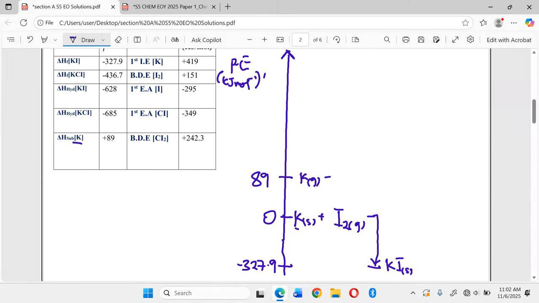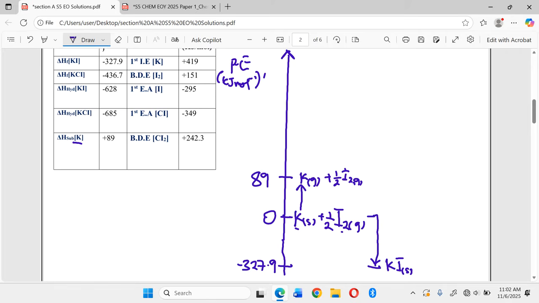Potassium reacting with iodine to form potassium iodide. Formation is when 1 mole of a substance is formed, so to balance this, we put a half there, and that becomes our balanced equation. So here we continue plus a half iodine gas. So this is on potassium.